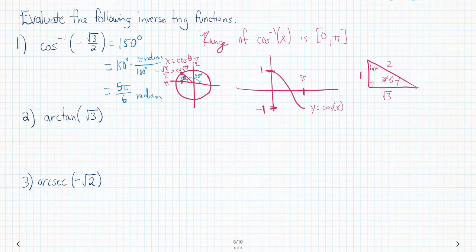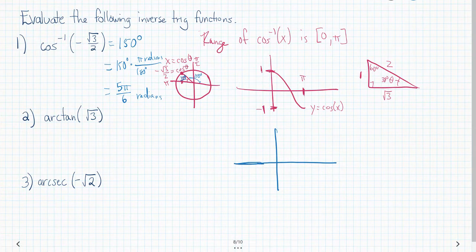So for the arctangent of square root of 3, arctangent is a little bit different. So first off, let me go to tangent. I won't actually use Mathematica to draw that graph this time. I just want you to see it because it can generate them real quick. So this is y equals tangent of x.